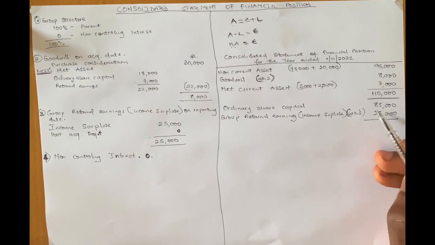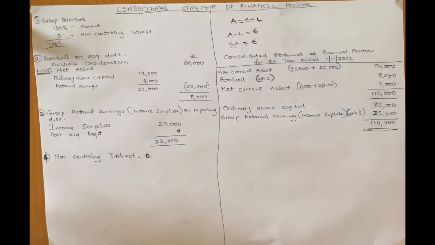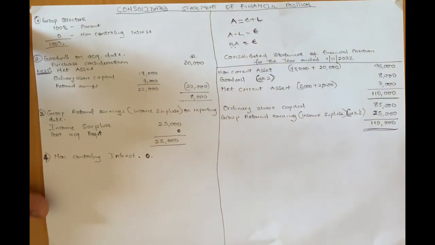That is all. So our balance will also give us 110,000. That is how to prepare a consolidated statement of financial position. So where the problem lies, the big four.